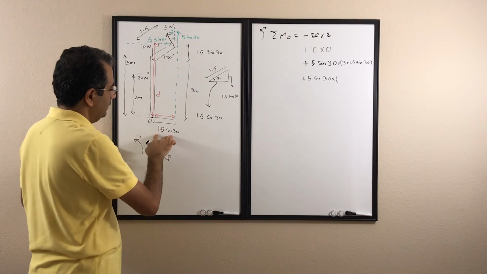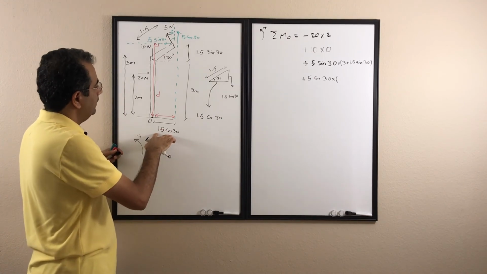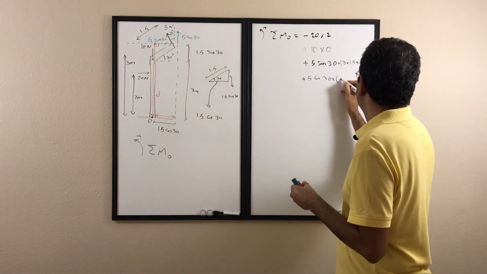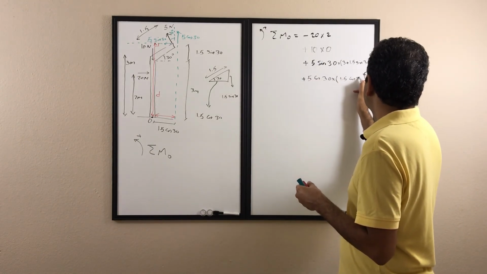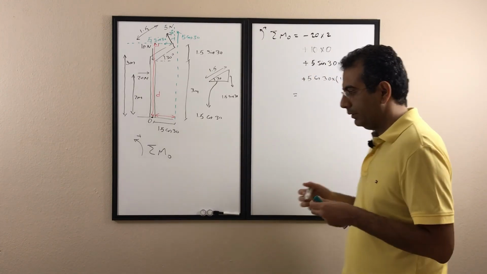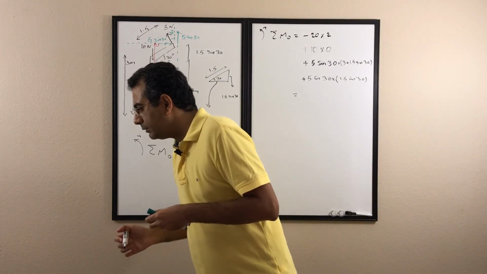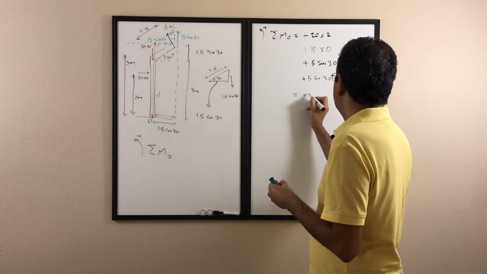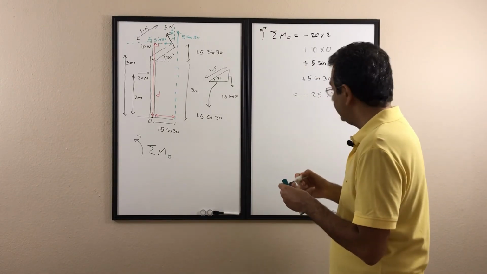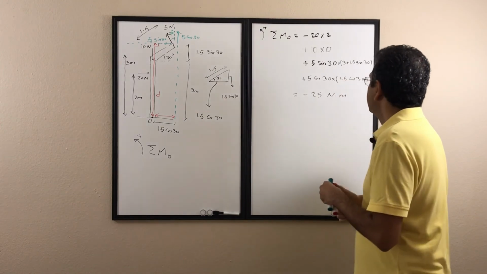So that's the distance here. It's going to be the force times 1.5 cosine 30, and then we can add them all together, and it comes out 25 Newton meter eventually if we add all of them together.